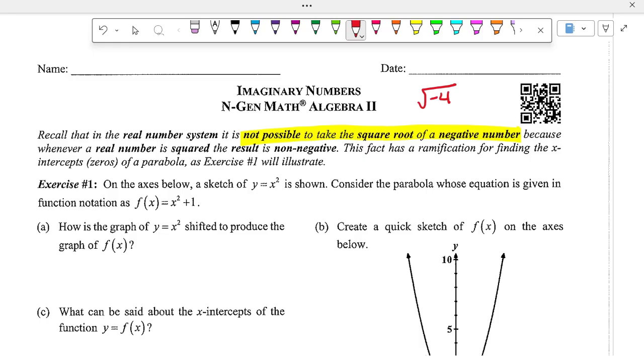What happens when you take the square root of -4? It gives you an error message and it says non-real.